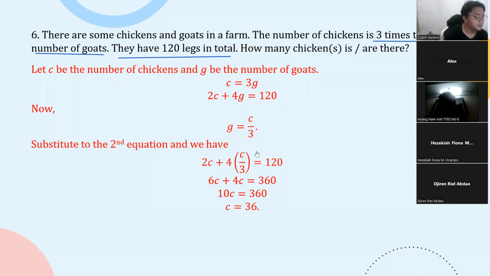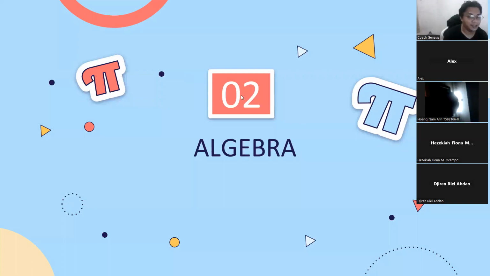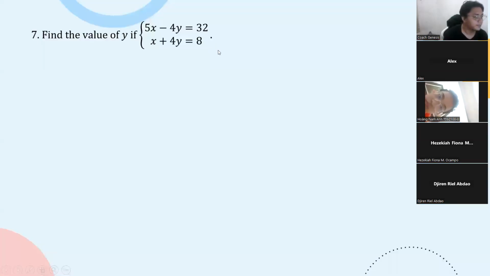Okay, so if there are no questions for logical thinking, let's proceed to the next category, which is algebra. Okay. For number 7, find the value of y if 5x minus 4y is equal to 32 and x plus 4y is equal to 8. Now, the question asks for the value of y, right?